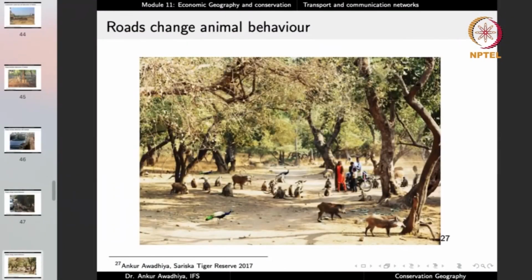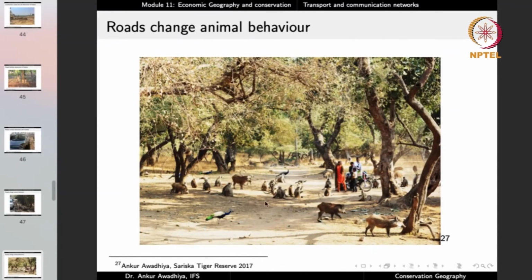This is an example from Sariska Tiger Reserve. Now this is a tiger reserve, but there is a set of temples that is inside. And the pilgrims that go to the temples have now attuned the animals by giving them so much food that if anybody stops in the forest, all these animals will just come around these people in the hope of getting food.